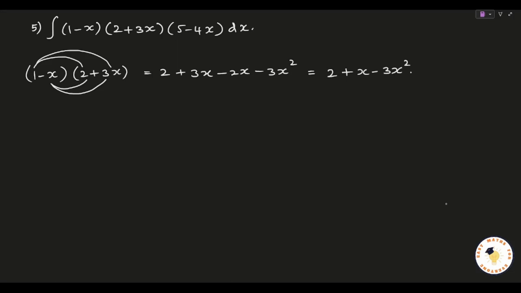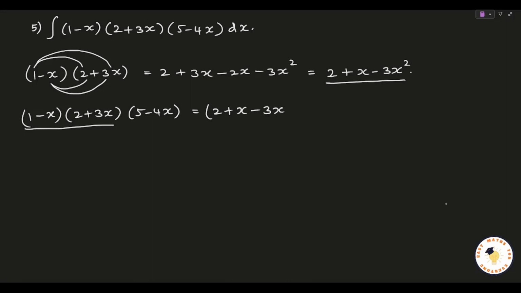Now we need to multiply these two by one more expression. So 1 minus x into 2 plus 3x into 5 minus 4x is equal to, the answer of the first two's product is here. So let us take it here, 2 plus x minus 3x square times 5 minus 4x.